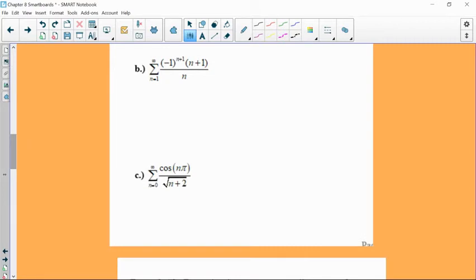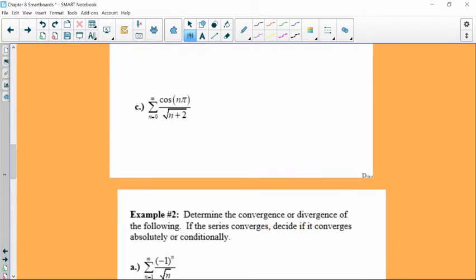Okay, I tell you what, let's look at C right now, just because I think that's kind of interesting. Because here's another way that we can show you an alternating series in disguise, right? Right now I don't see -1 to the n, but notice as you choose n equals 0, 1, 2, 3, because it's just integers in this case, natural numbers plus 0, you end up getting cosine of 0, cosine of pi, cosine of 2 pi, cosine of 3 pi, cosine of 4 pi.